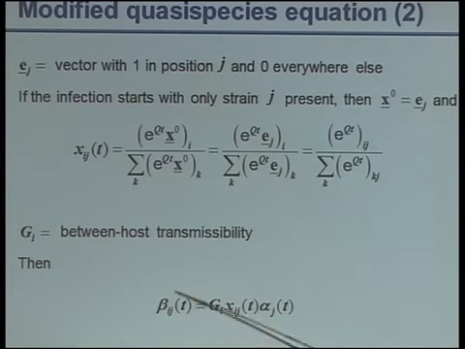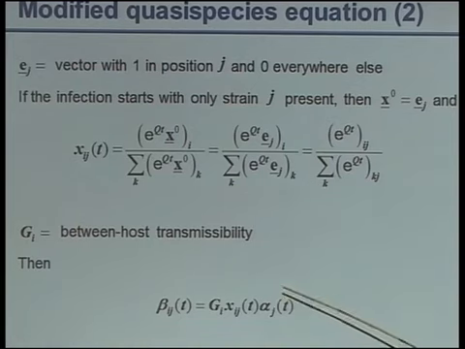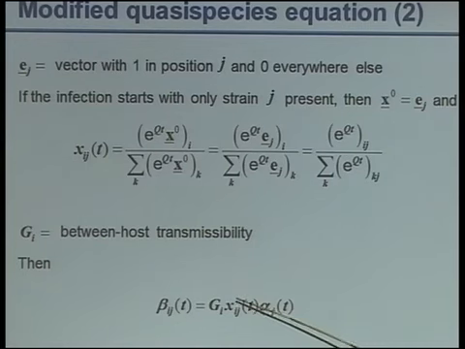So my final function, beta ij of t, is given by a total infectivity profile, which is calculated based on a set point viral load, which depends on the strain you got infected with, so strain J. Then the frequency of strain I at time t is given by the solution of the quasi-species equation, and then I multiply by a coefficient that tells me how good I is at being transmitted between hosts.